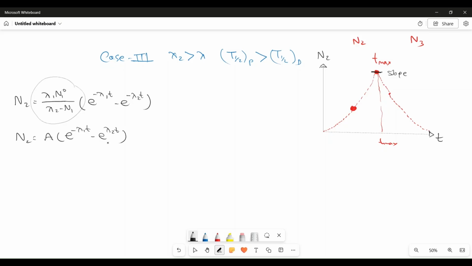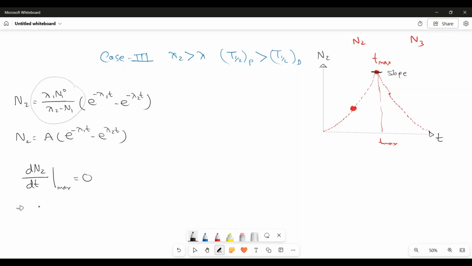Now at max, when t is Tmax, our slope is 0, right? So we can write at the maximum point dN2 by dt equals 0.